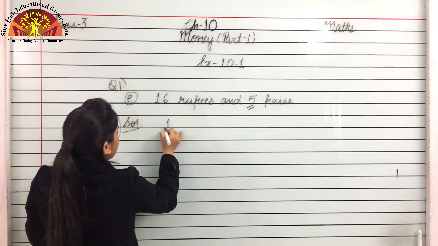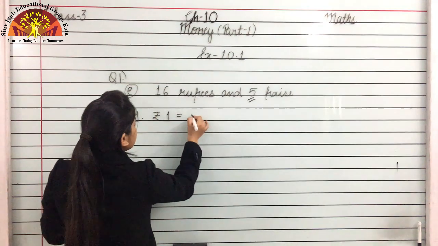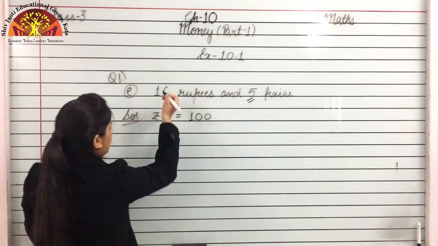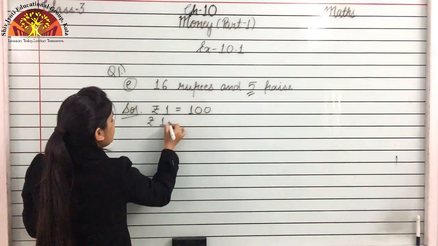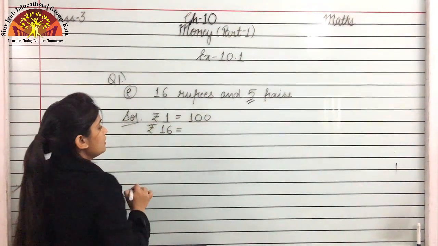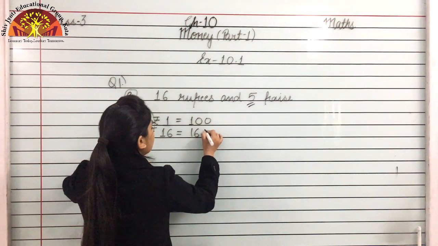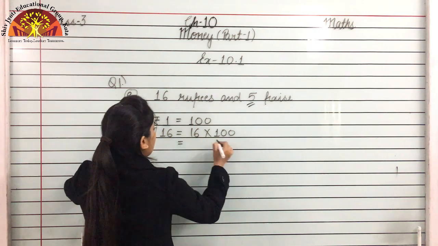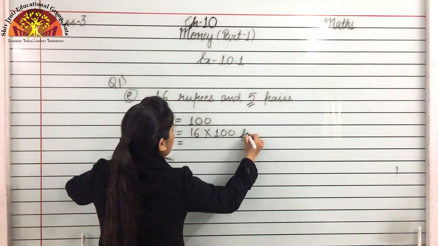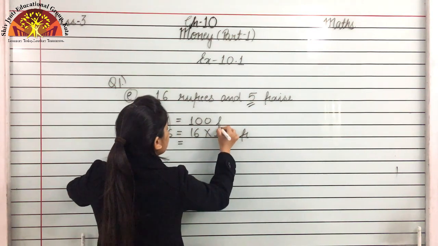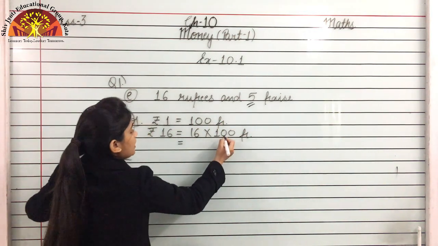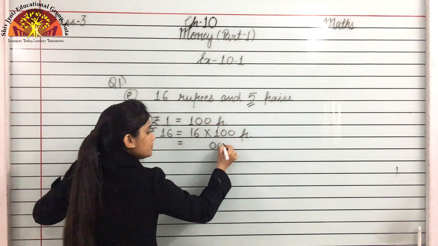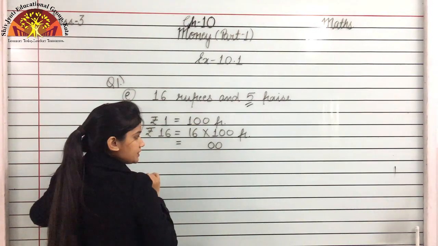So again we know rupee 1 is equal to 100 paise, and in this question we have rupees 16. So now what we have to do, we'll multiply this 16 by 100 and this will be paise, because rupee 1 is equal to 100 paise. Now 2 zeros we have, so we have to put 2 zeros as it is.